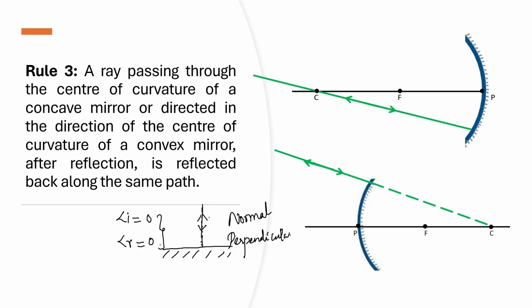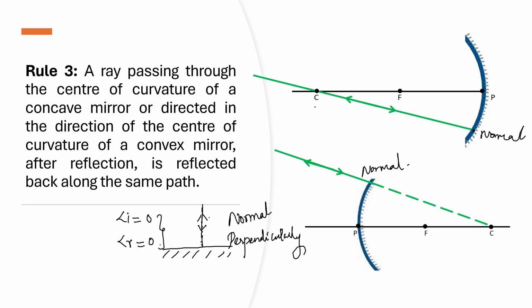So what does this mean? Any ray which is passing through the center of curvature reflects back along the same path because it hits the mirror at its normal. It hits the mirror at its normal. So remember this point. This is a very, very important point. That is the reason why it reflects back.